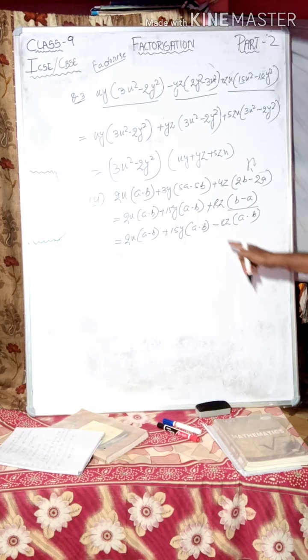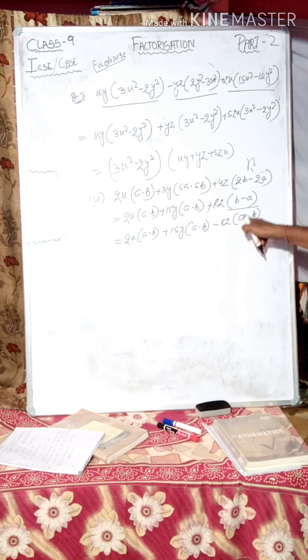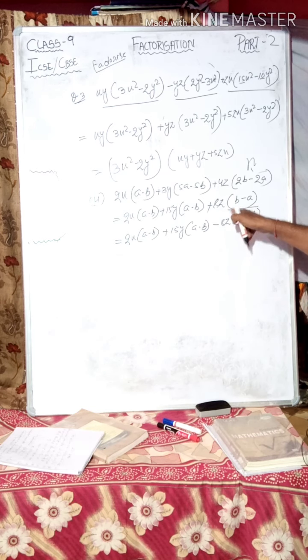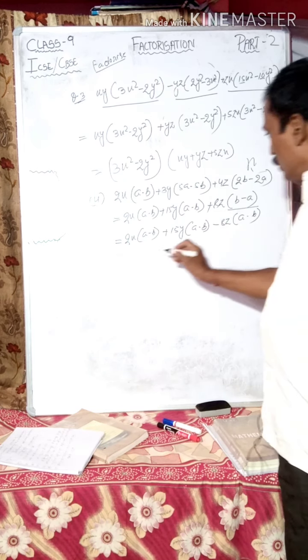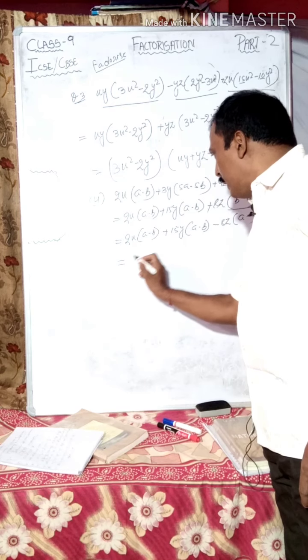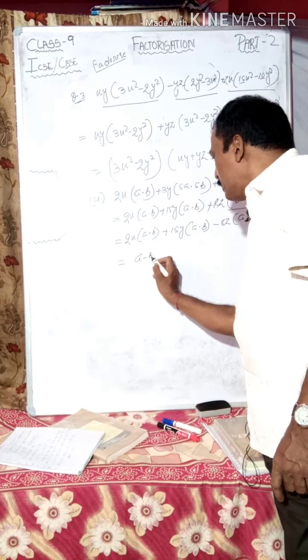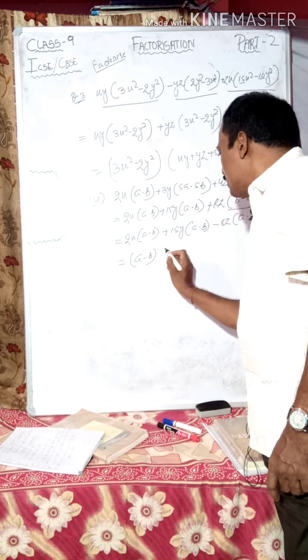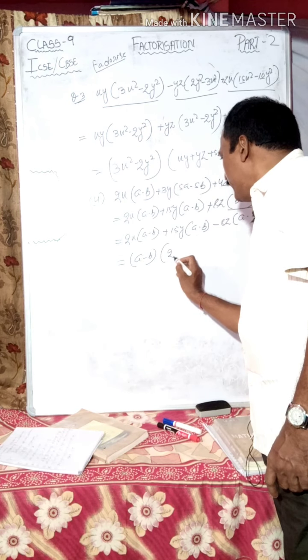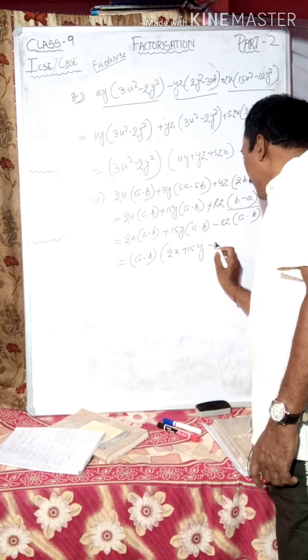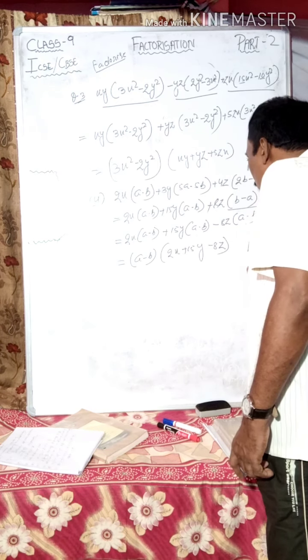Minus into a minus b, minus into minus plus. So sign is always important. So a minus b is taken as the total common. The rest, 2x plus 15y minus 8z, will be the answer.